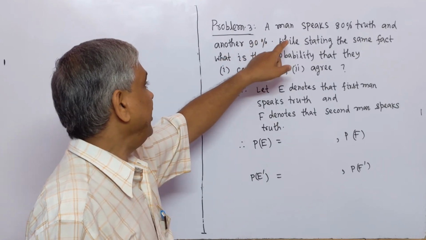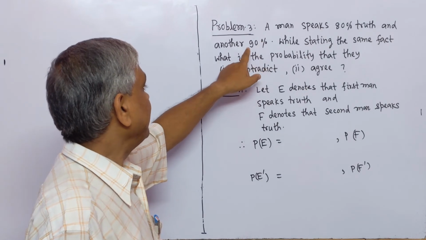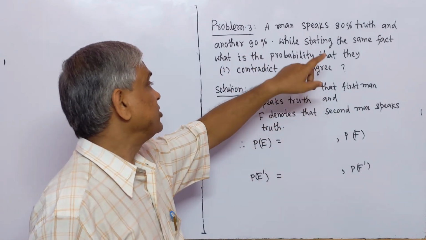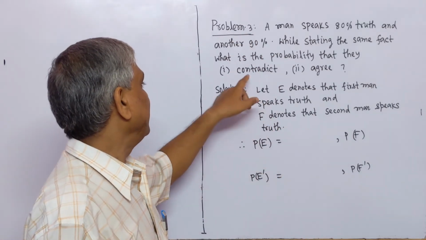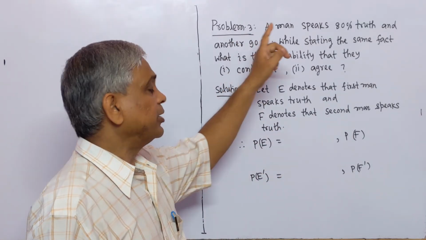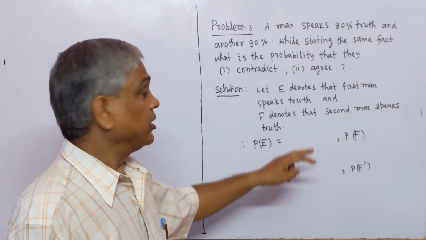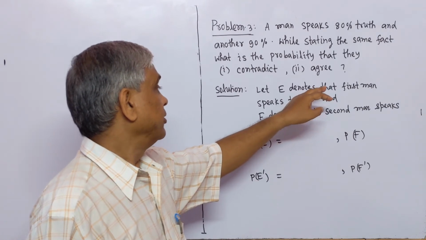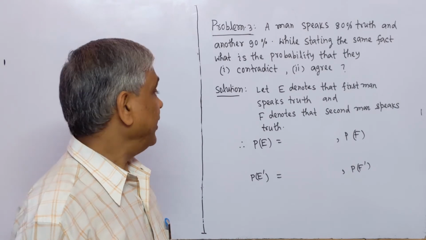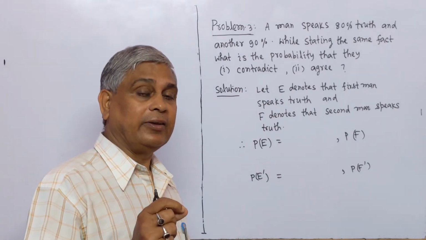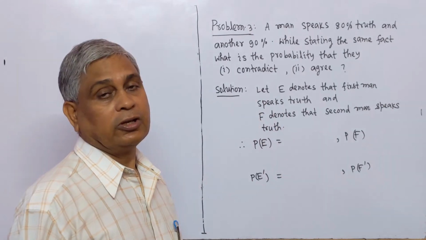Problem is, a man speaks 80% truth and another 90%. While stating the same fact, what is the probability that they, number 1, contradict, number 2, agree? Let E denote the event that first man speaks truth, and F denotes the event that the second man speaks truth.